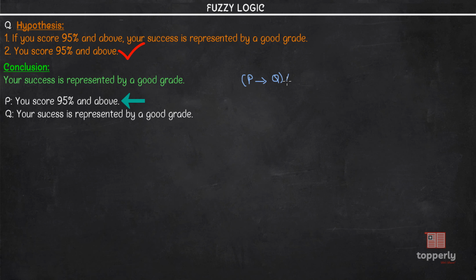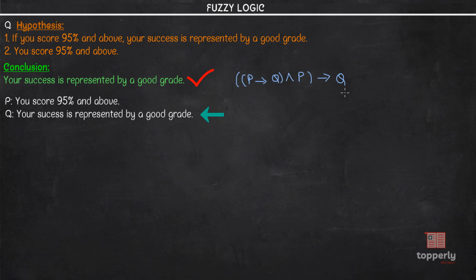So you have the conjunction operative and you have P. Then we have this implies our conclusion. And what is the conclusion given by? The conclusion is given as your success is represented by a good grade. And here Q is representing your success, which is represented by a good grade. Therefore, you write it as Q. And therefore, we have our algebraic expression as follows.